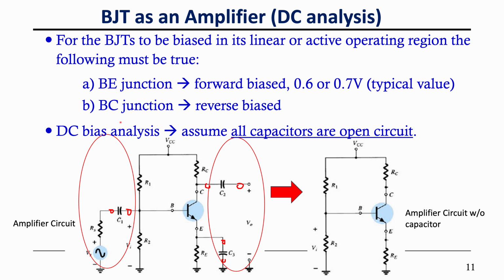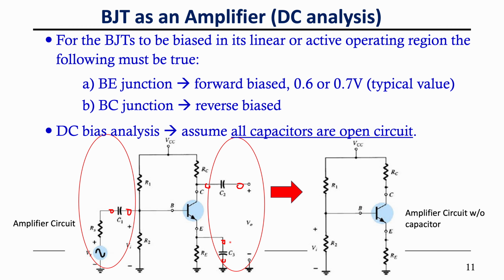How do we do the DC analysis? If there is a capacitor, the rule is we need to assume all the capacitors are open circuit. So this capacitor here will be open circuit, meaning no current will flow here. The same for the C2 capacitor, and for the C3 capacitor as well.